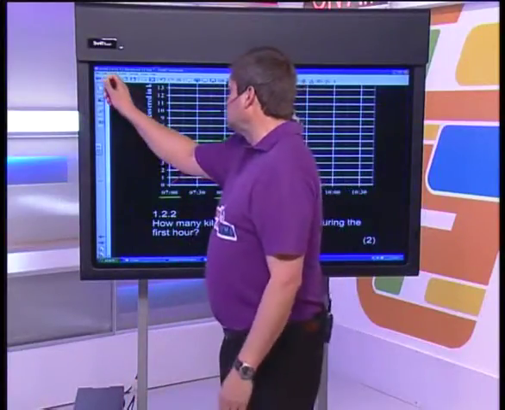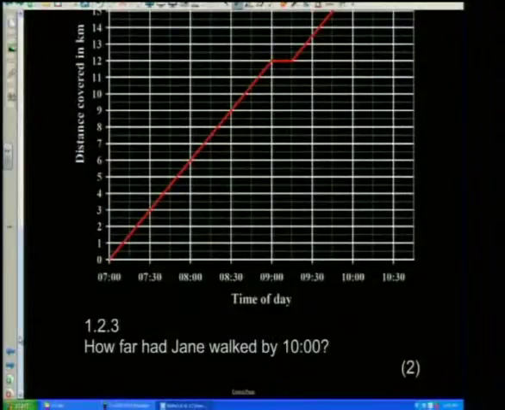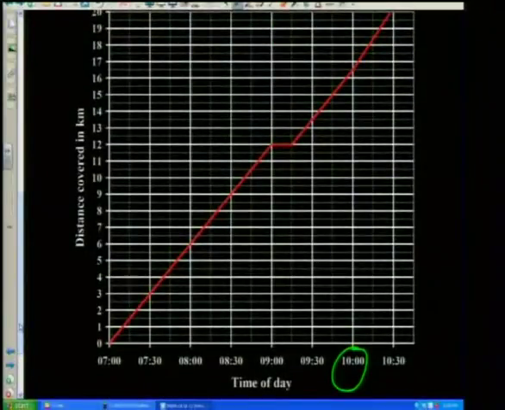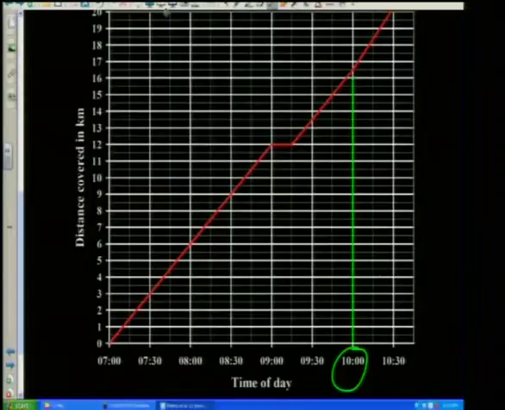Let's move on. My next question says this. How far had Jane walked by 10 o'clock? Okay. So here's 10 o'clock. And now what we're going to do is say, well, at 10 o'clock, let's draw a line and see how far she's walked. So we're going to try and draw a relatively straight line. And there it is. And we're going all the way up. And that's how far she's walked. Okay?